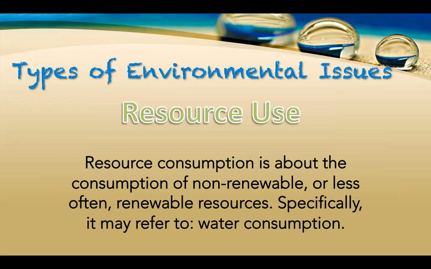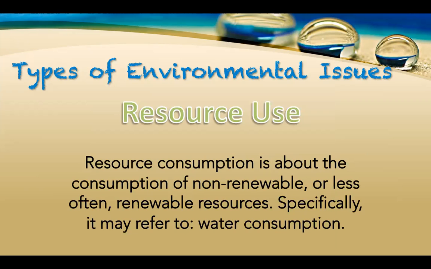The second is resource use. Earth provides many materials people use throughout their lives. Anything that occurs naturally in the environment and is used by people is called a natural resource. Natural resources include trees, water, oil, coal, and other things.